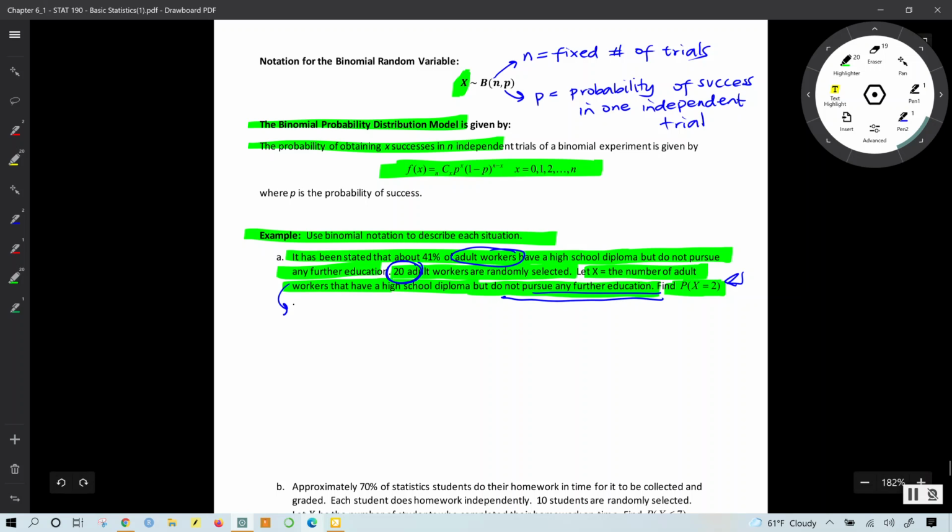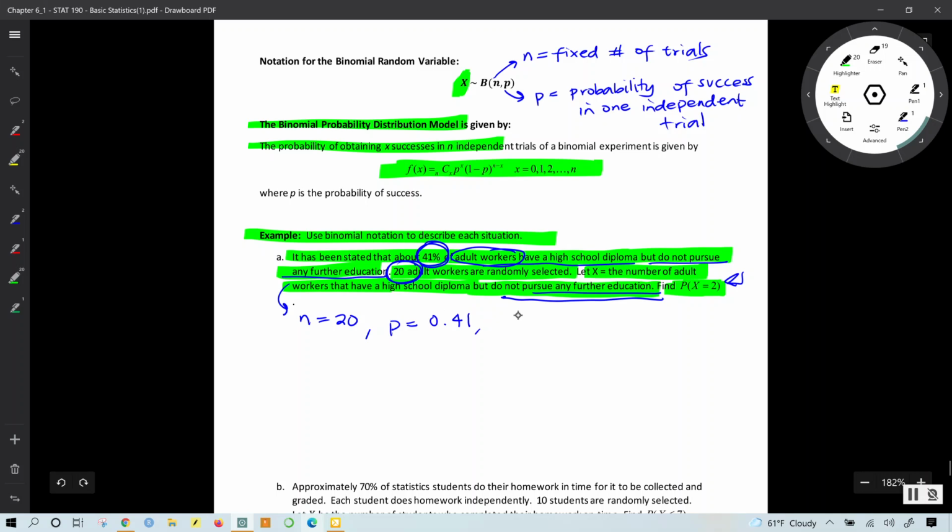The number of trials, n, is equal to 20 because we are trying 20 adult workers, and each of them is a trial that will lead to two possible outcomes: pursue further education or not pursue further education. Then the probability of success is the probability that an adult worker will have a high school diploma but will not pursue any further education. So that will be 0.41.